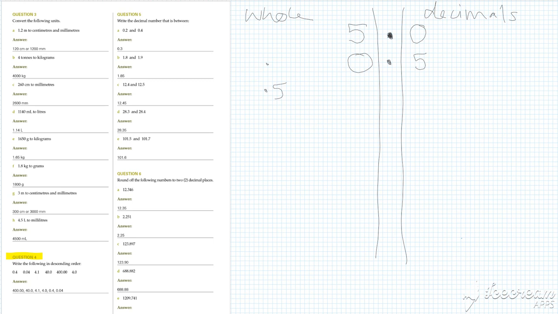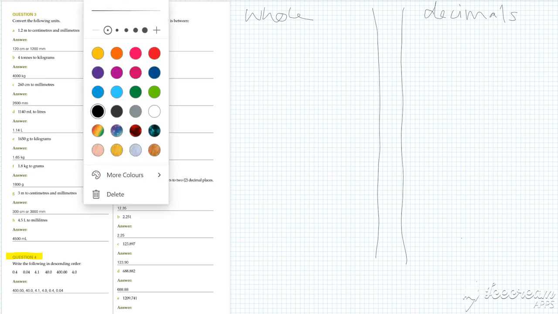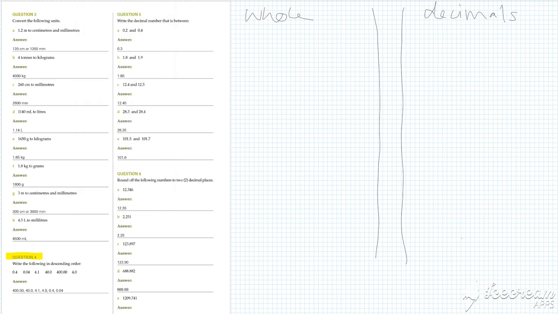So when we're looking at whole and decimal numbers, it's really important that we know what each of the columns is worth. If we start with the whole numbers, our very first column is called units, and sometimes you might hear it called ones.